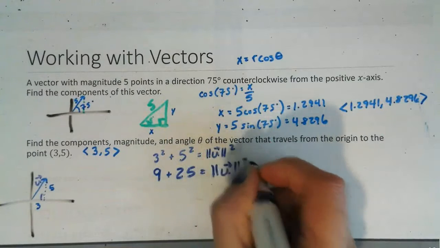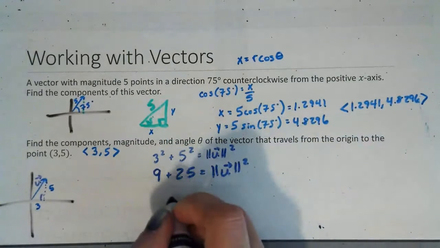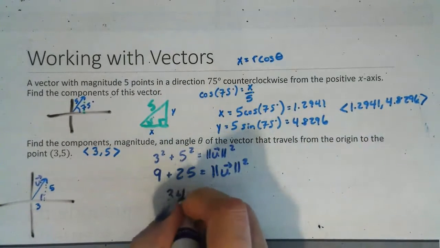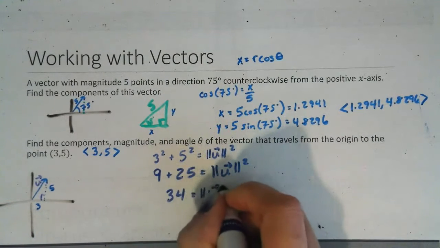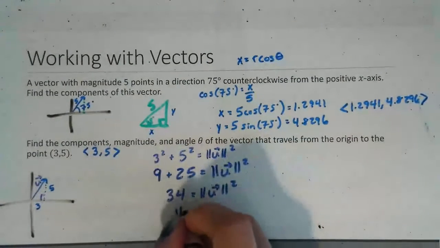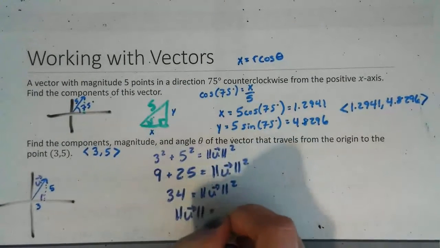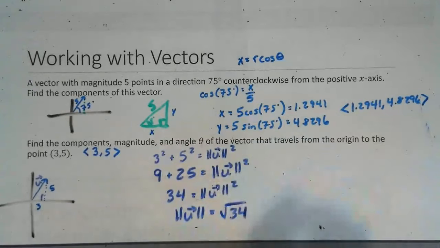Adding those together, we get 34, so that means 34 is equal to the magnitude of u squared. And thus the magnitude of u is the positive square root of 34.